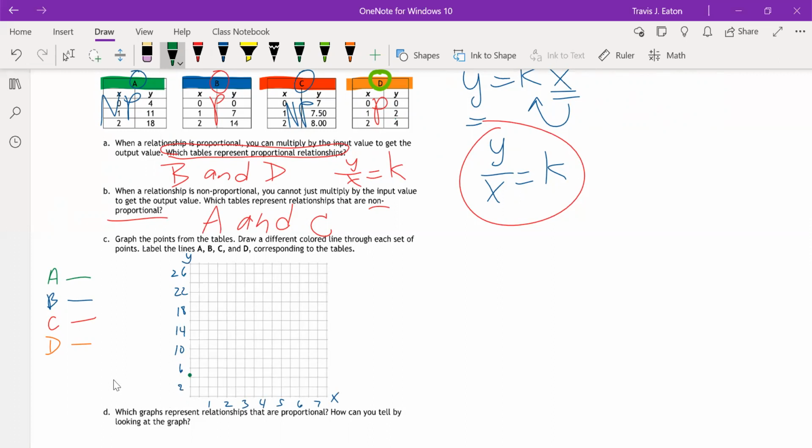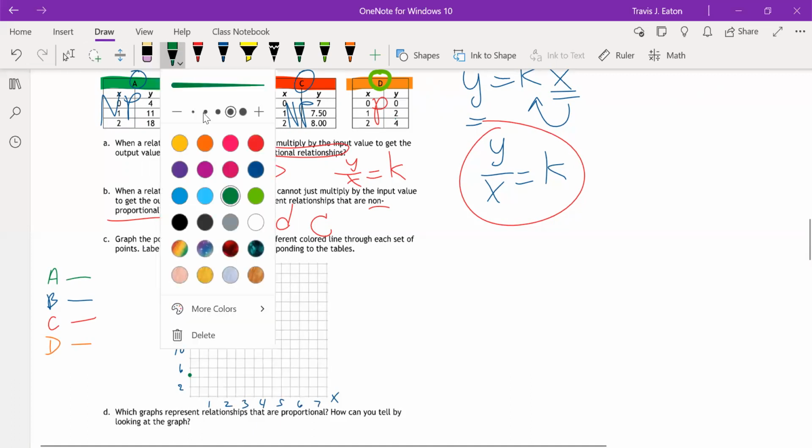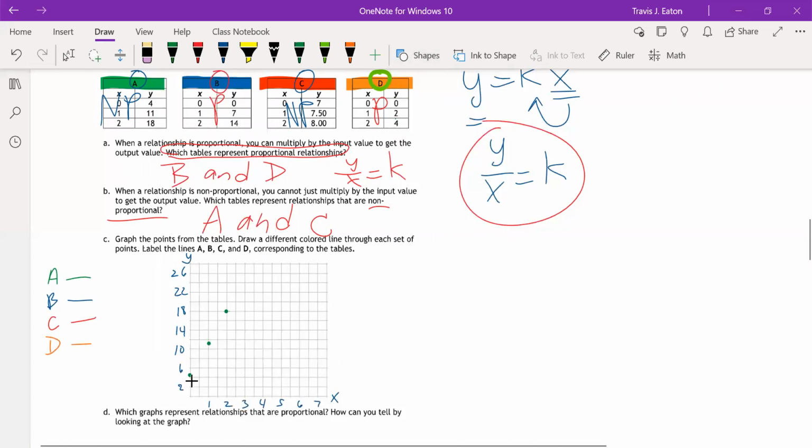All right. And 1, 11. So 1, there's 10, 12, 11 must be about there. All right. And 2, 18. So 2 up to 18. Now I can draw a line through there using my drawing tools.